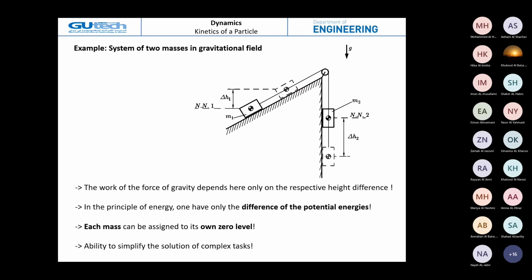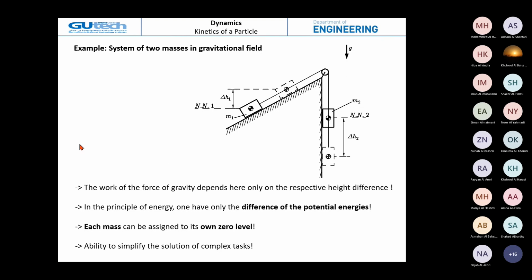The best way is to use the zero level where all the information is given, or somewhere where the point is fixed and will not change. If the mass moves, this point, the pulley, will not change. In this case, you can choose the zero level here, and you will always find the same results.